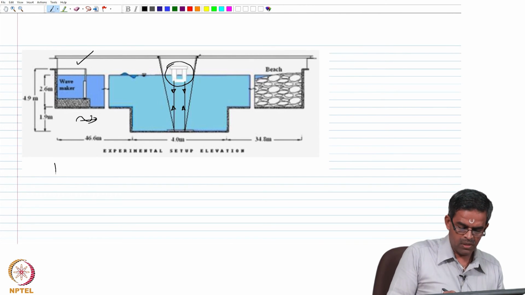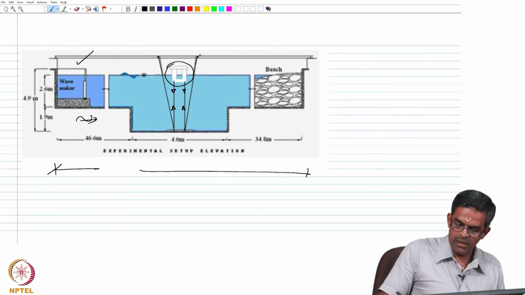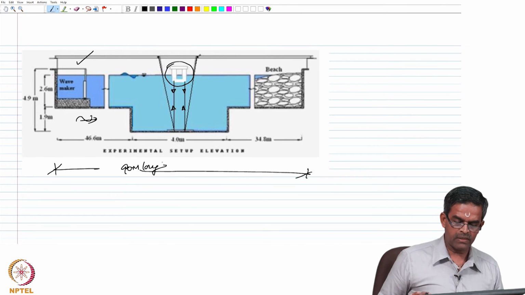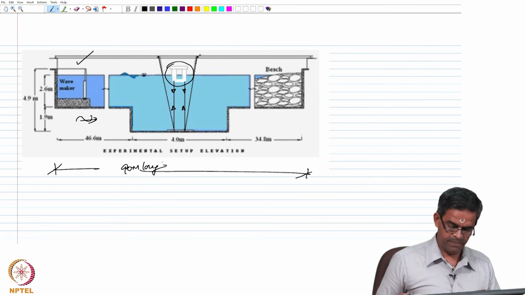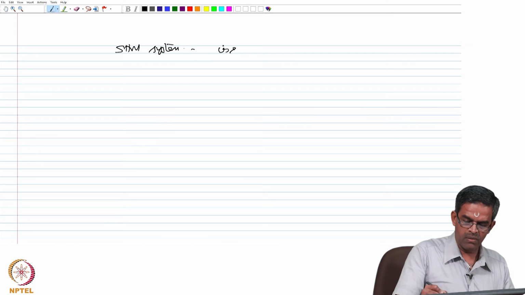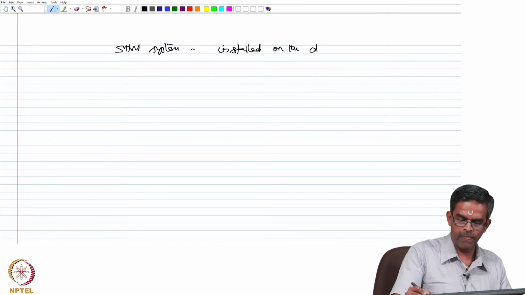It is approximately 85-90 meters long. That is the test bed which we discussed earlier as well, installed on the deck of the TLP on the lab scale.